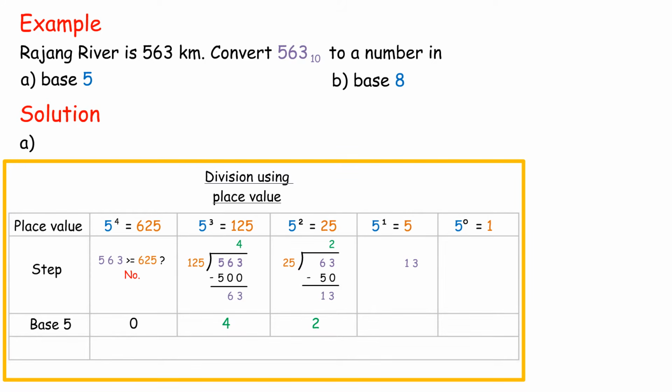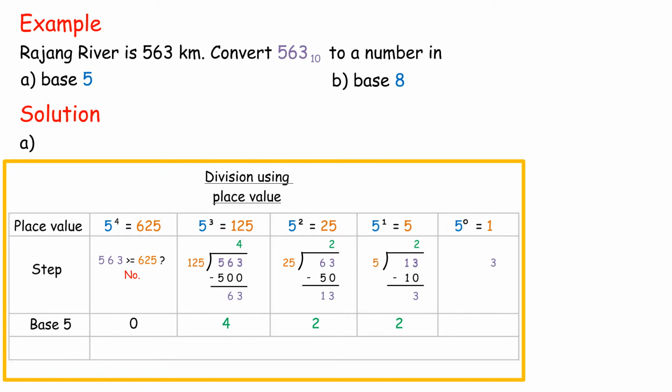Thus, write down 2 in base 5, and carry 13 to the next process. Is 13 greater or equal to 5? Yes. Thus, 13 divided by 5, 2 times 5 equals 10. 13 minus 10 will get 3. Thus, write down 2 in base 5, and carry 3 to the next process. Is 3 greater or equal to 1?